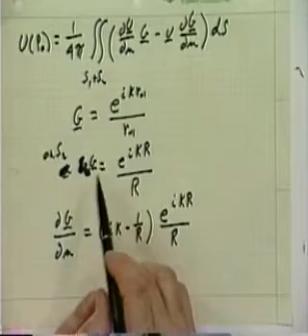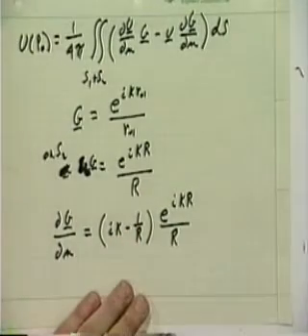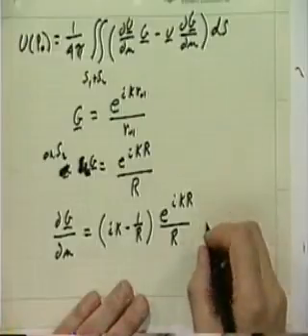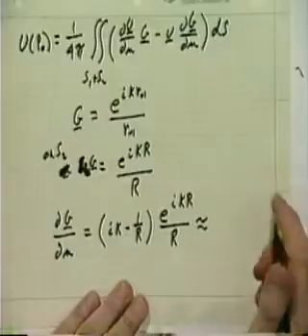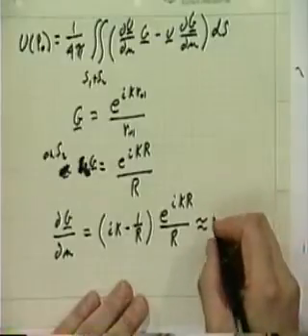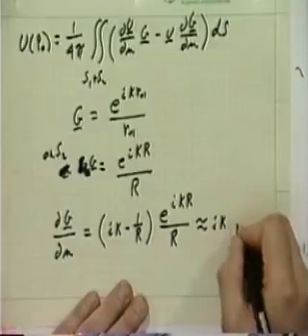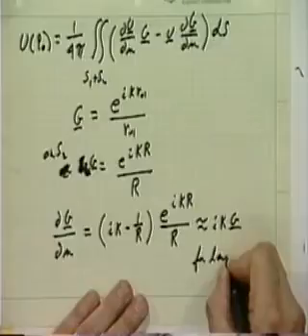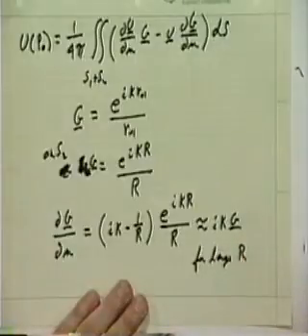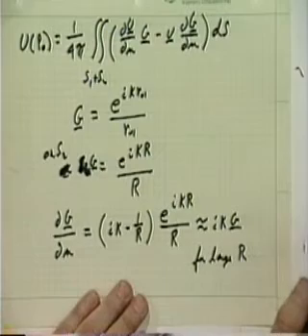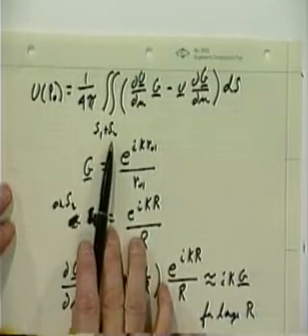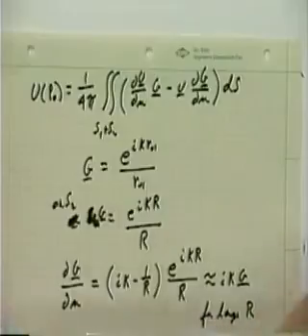So that was fairly easy because S2 is just that portion of a circle. And furthermore, if we let r become large, this is going to become ik G for large r. Okay. So we can go back to this integral here, and I'll just do the integral over S2 for the time being, and then we'll come back to S1.